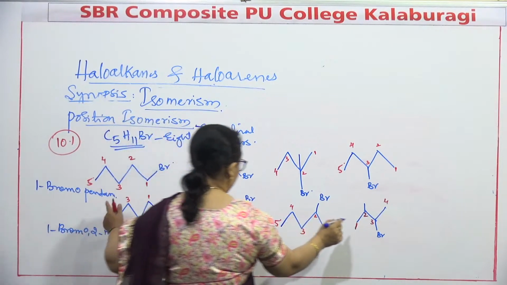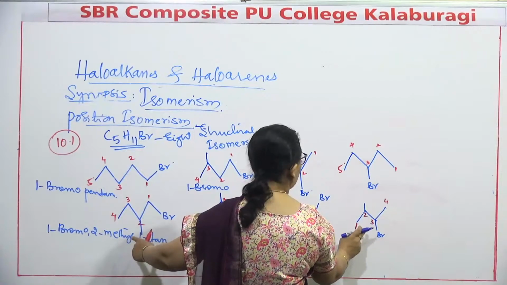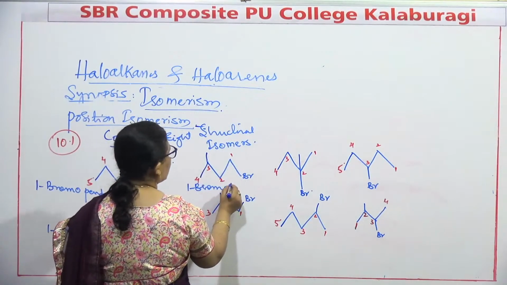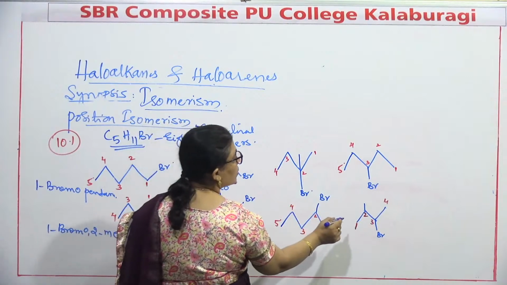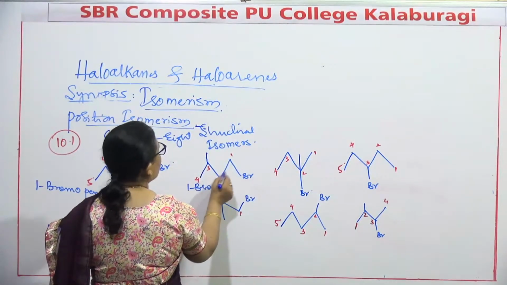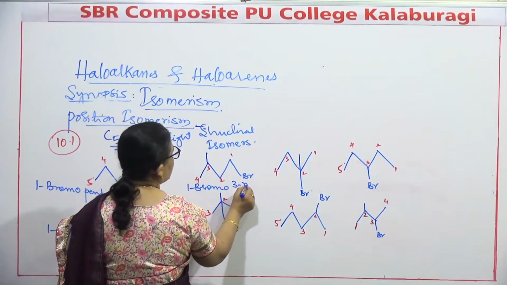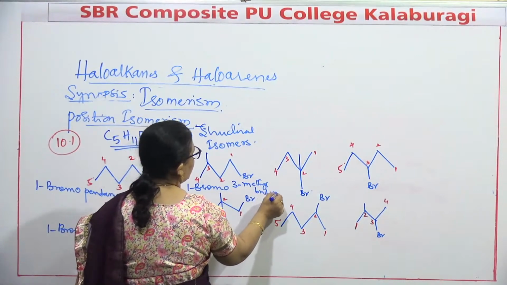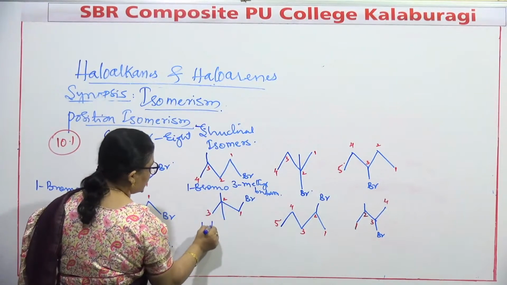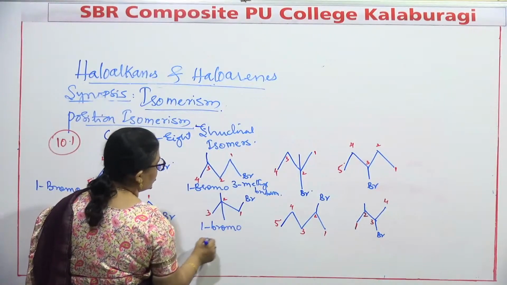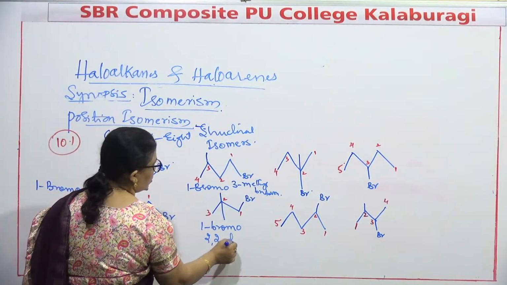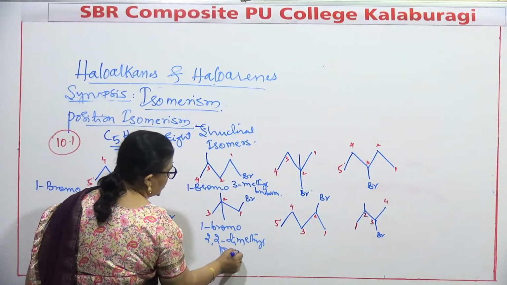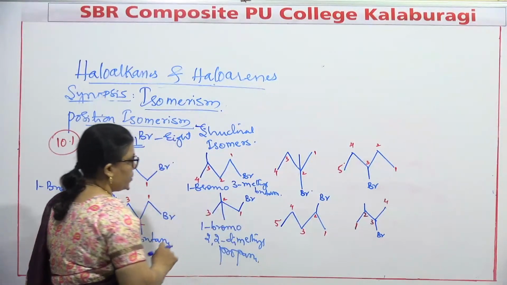I think this and this, 1 bromo 3 methyl. This is repeated. 1 bromo 3 methyl butane. This also you write. 1 bromo 2,2 dimethyl propane. Correct? Propane.